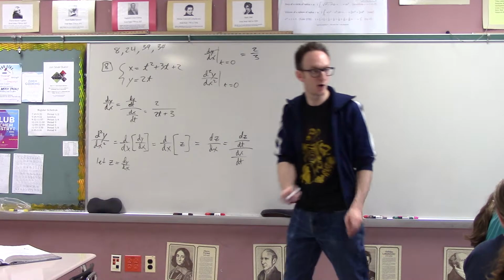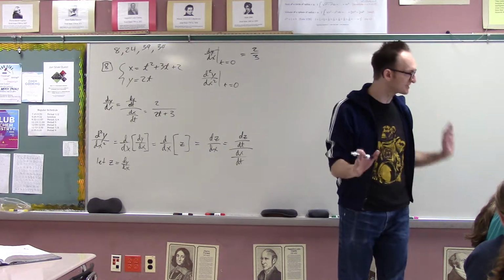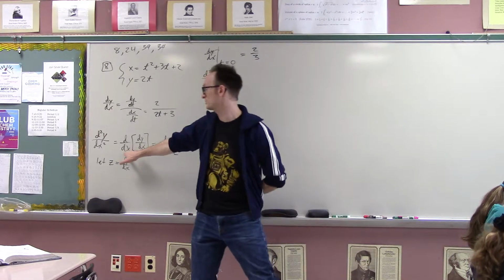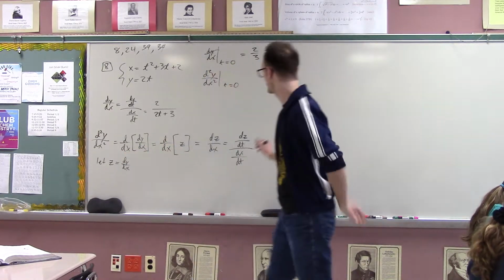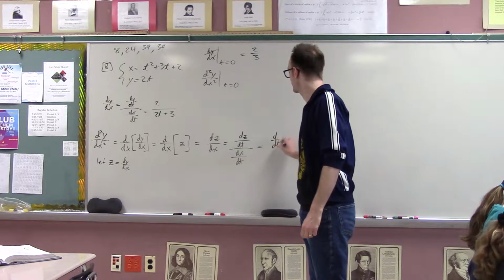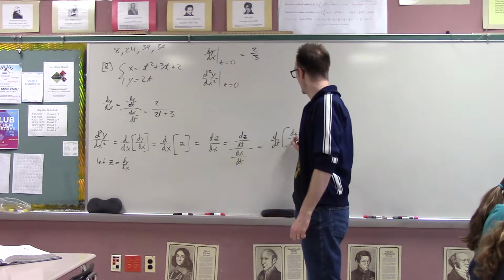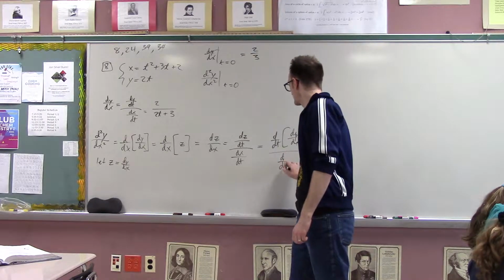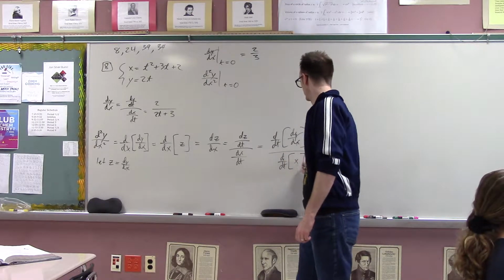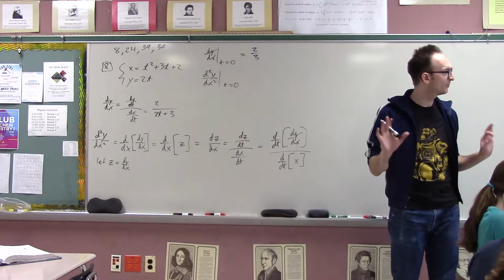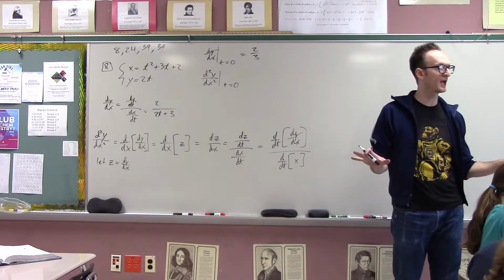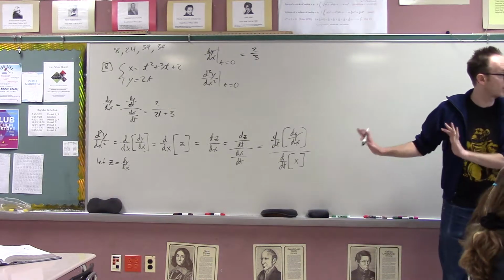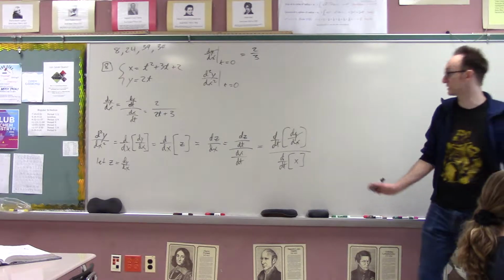This is a very long-winded, perhaps unnecessary, but perhaps necessary way of explaining that when one computes the derivative with respect to x of dy dx, what one must do is take the derivative with respect to t of dy dx over the derivative with respect to t of x. Does that help and explain things decently well? Okay, so if you watched the video, this is exactly what we did in the video. If you didn't watch the video, this is a sort of rushed version of that same conversation.